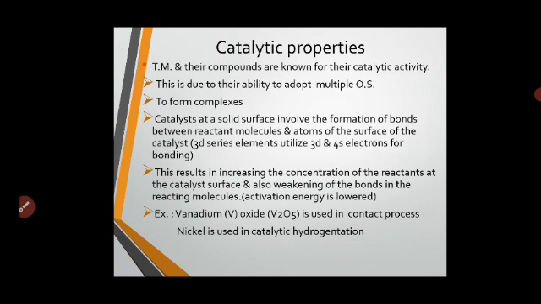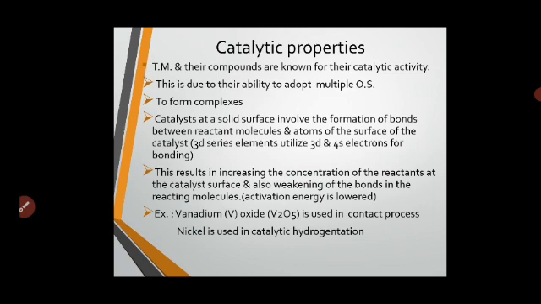So why do these d block elements act as good catalysts? Again, the reason is that they contain partially filled d orbitals, and one more very important reason is that they have the ability to adopt multiple oxidation states, or variable oxidation states. Because of this they can form complexes, and this is the reason why they show the catalytic property.